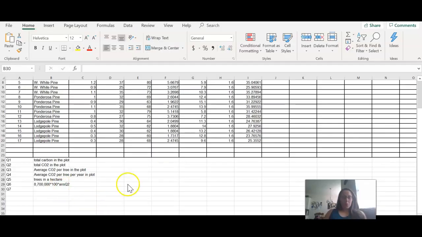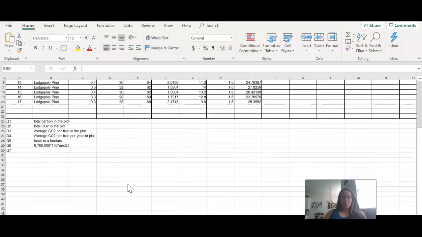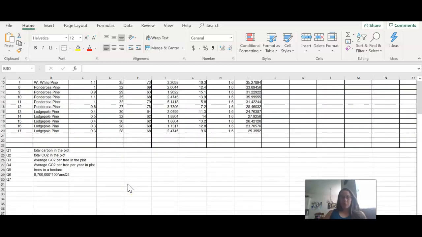So in truth, the answer for question 7 is similar to what we did for question 6, except that we are not taking into account all of the hectares for the Idaho forest land, but only the hectares that burned in the big burn of 1910.